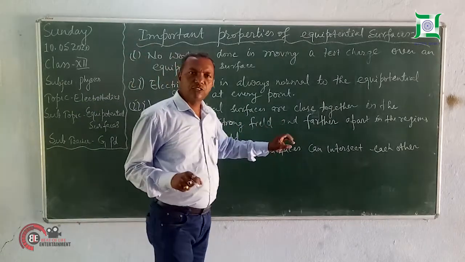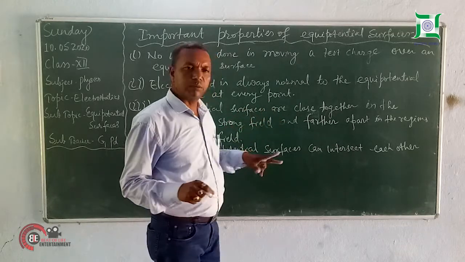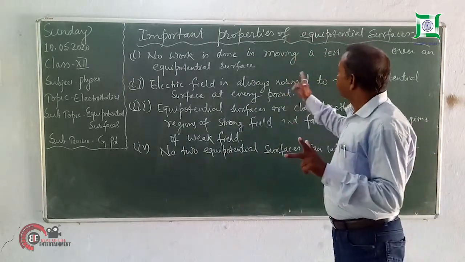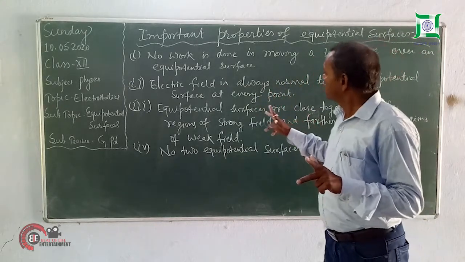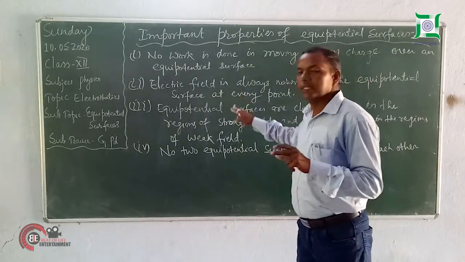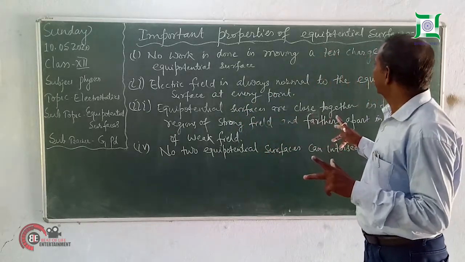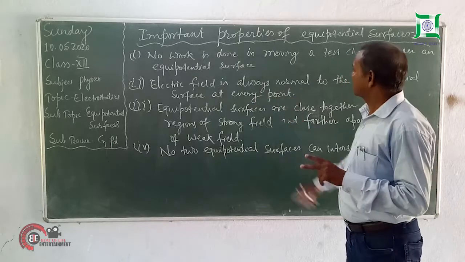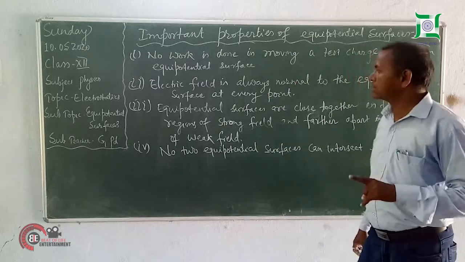As we know, विद्युत क्षेत्र, electric field is always normal, हमेशा किसी भी समविभव सतह पर लंबवत होता है. At every point, the electric field is always normal to the equipotential surface.